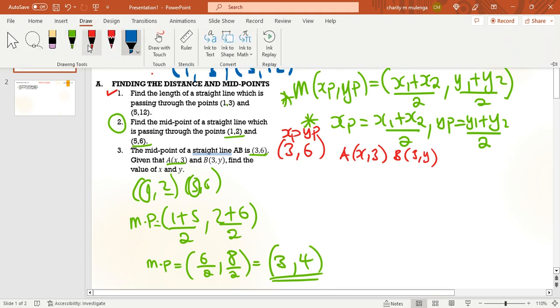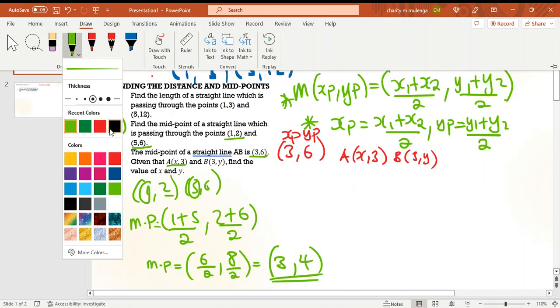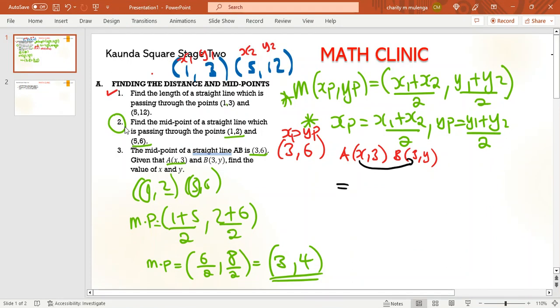According to the question, in short, they're saying x plus 3 over 2. Okay, when you add this x, which we don't know, and that 3, it gives us this x midpoint. That's the essence of this formula there.